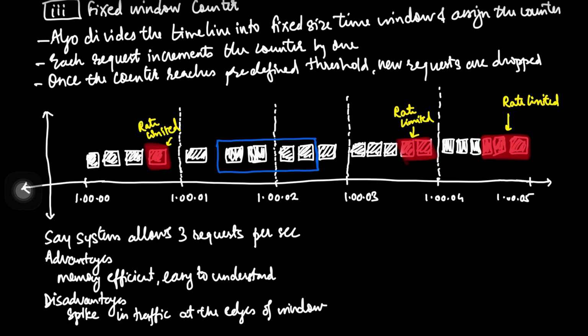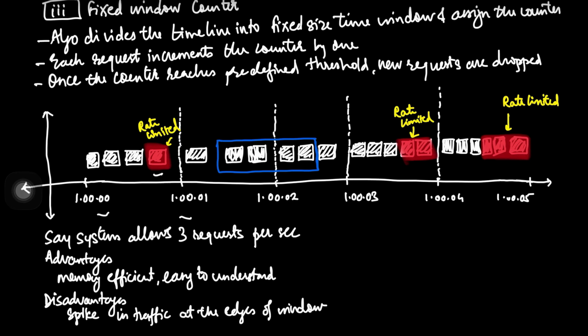So let's look at the simulation, or the diagram, which is given over here. If you see from timestamp 1 to 1 second past 1, which is this and this, the fourth request is rate limited, which is in red. Because we have already said that we would not accept anything above 3, any request above 3 in a particular window would be rejected, and that is why it is rejected over here.